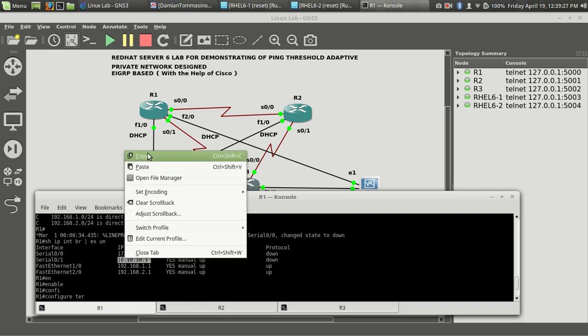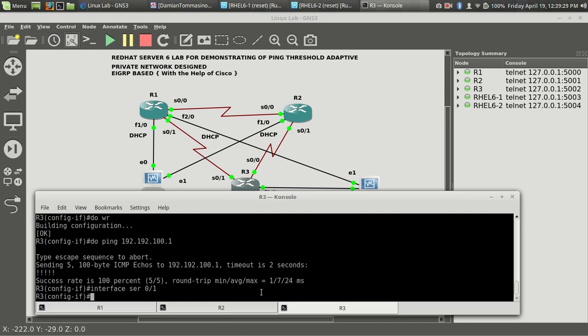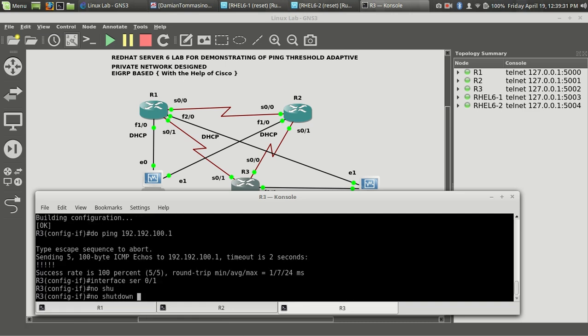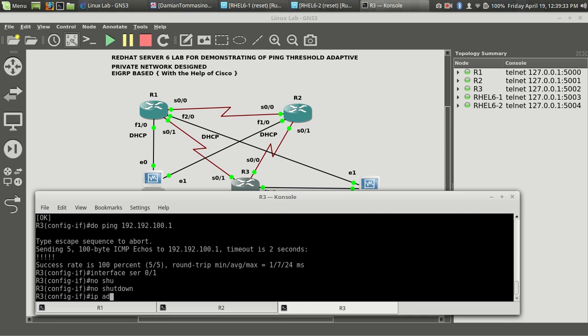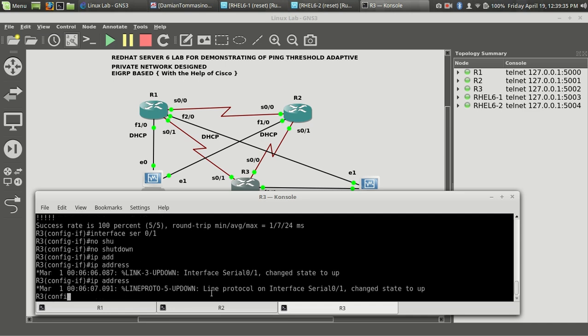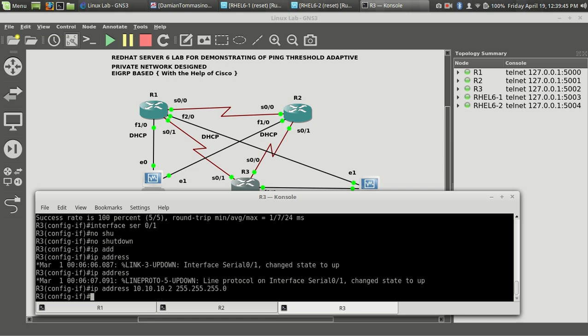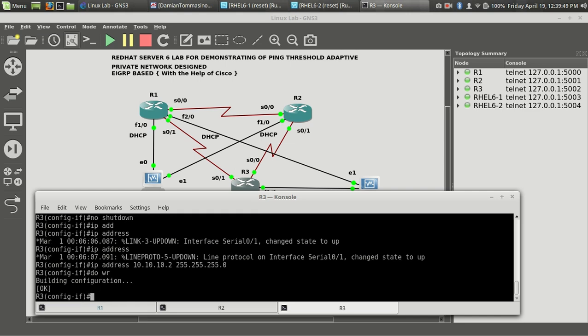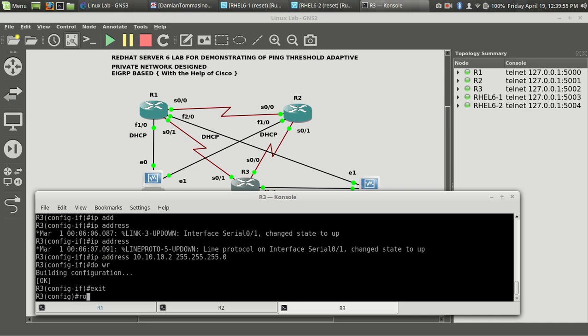So I copy this and paste 10.10.10.2. Subnet I would like to use is 255.255.255.0, 24 bit. I think I have finished. The next step is to enable routing.